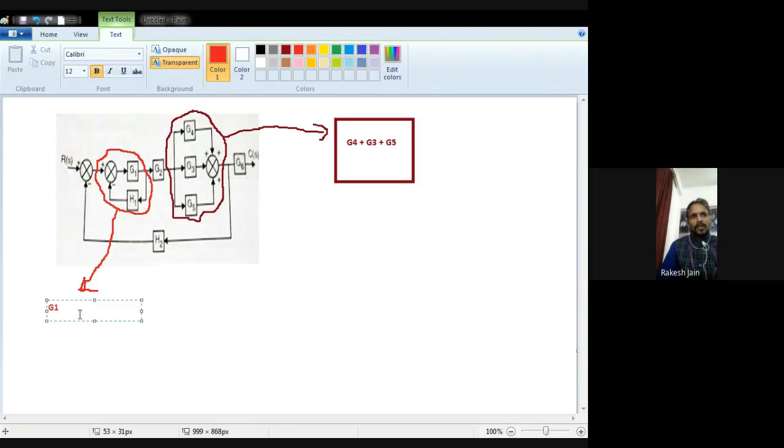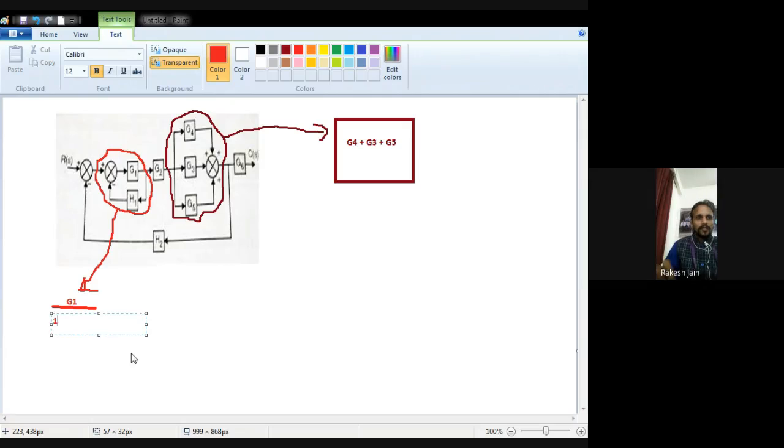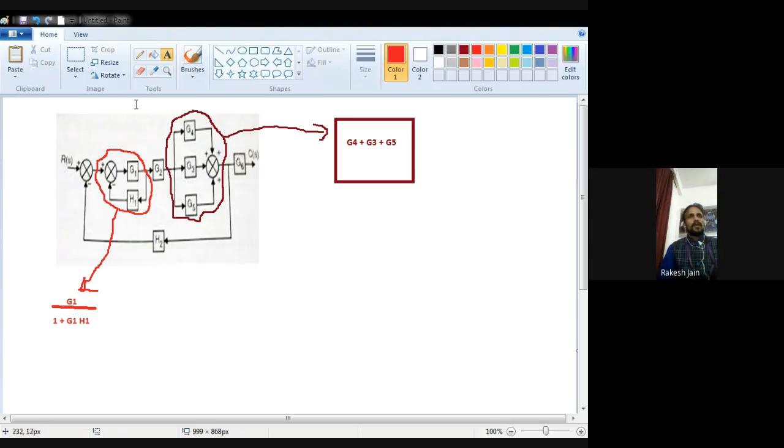Forward is G1. We just see it in a fast manner because we already understand the rules. So G1 is the forward gain divided by, with the negative sign it comes, so in formula we have to use the positive sign because negative feedback is there. So 1 plus forward into feedback. What is forward? G1 is forward, and what is feedback? H1 is feedback. So G1 H1. Okay. So this is completely reduced by this one.